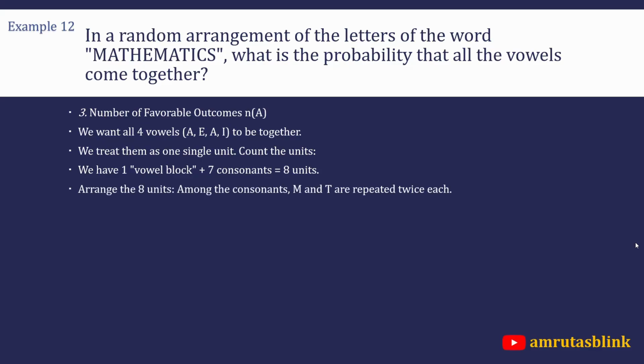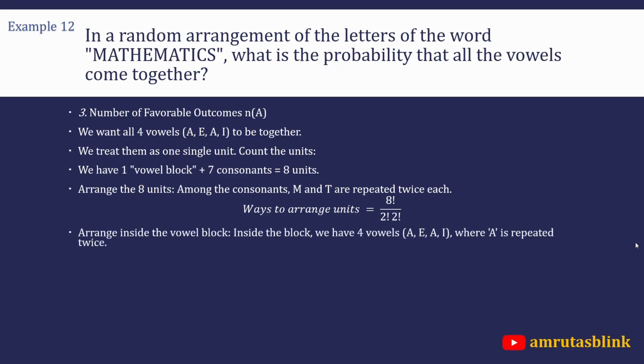Hence the number of arrangements: in these 8 units, if nothing is repeated, then how many possible arrangements are there? That is 8 factorial. But even in this arrangement, M is repeated twice and T is repeated twice. So the total number of possible arrangements is 8 factorial upon 2 factorial into 2 factorial. Now that vowel block also can have an arrangement within it. In that vowel block, there are 4 vowels, but out of those 4 vowels, A is repeated.